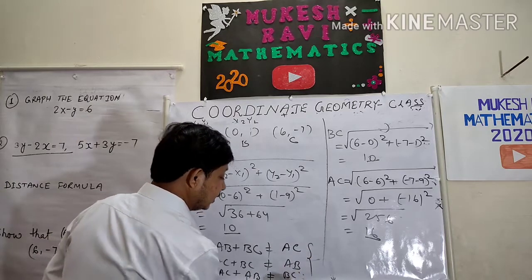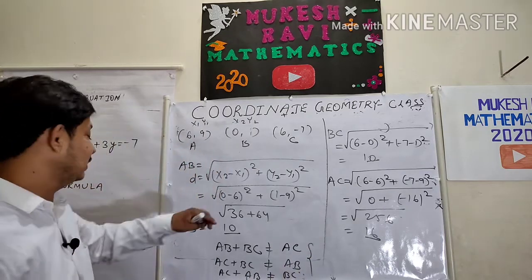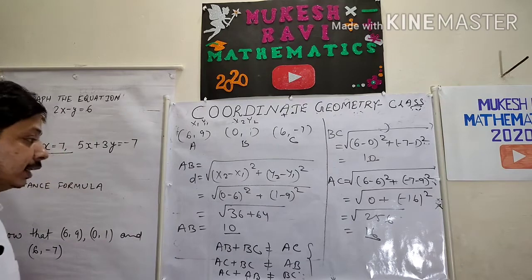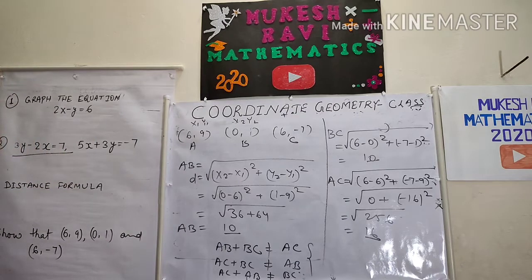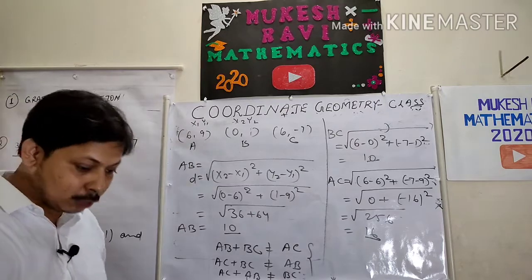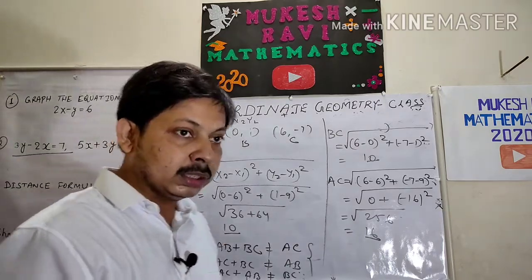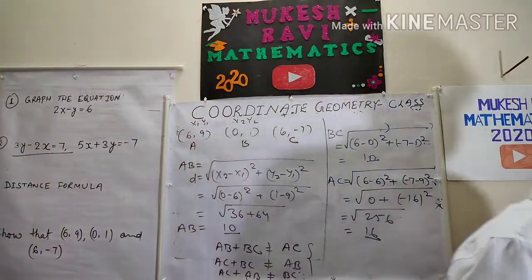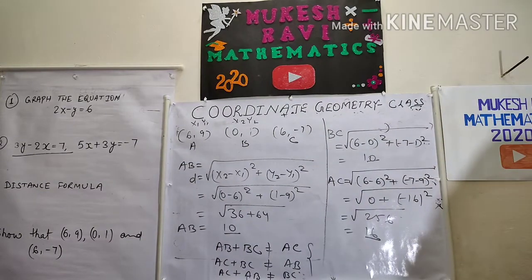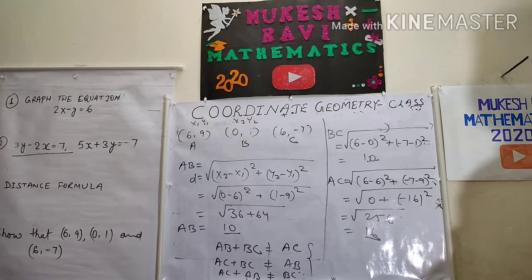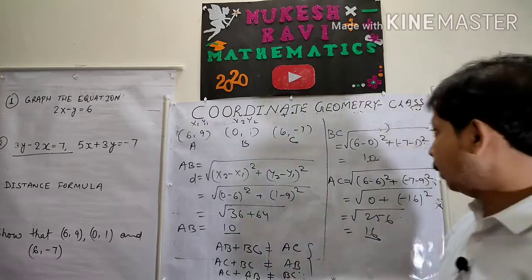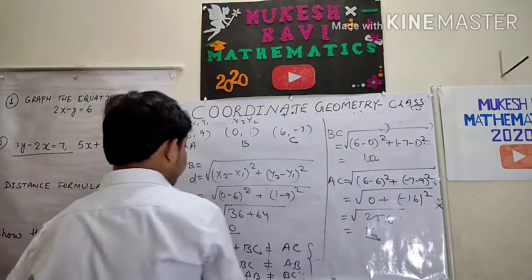If this condition does not happen, you can say these 3 points are not collinear. If the sum of two distances is equal to the third one, then you can say this is collinear. Otherwise, it is impossible to say collinear.